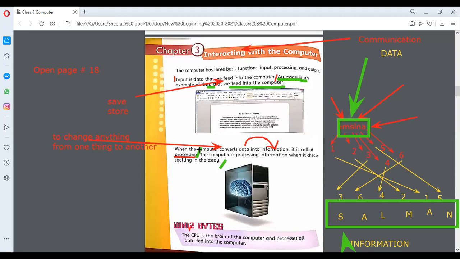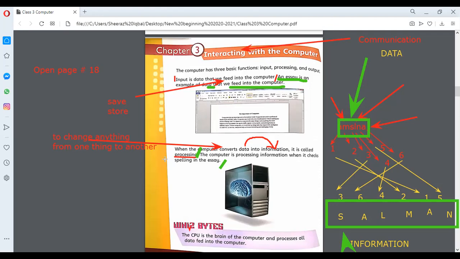The computer is processing information. Say with me: is processing information. Computer.